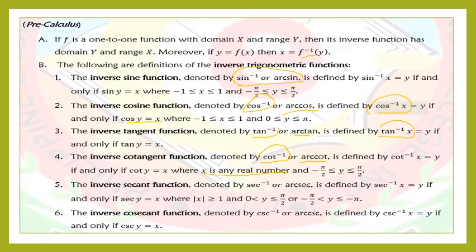Ang pang-fifth na inverse trigonometric function is the secant function. The inverse secant function, it is denoted by secant inverse or arc secant, is defined by secant inverse of x equals y if and only if secant y equals x, where the absolute value of x is greater than or equal to 1 and y is from 0 to pi over 2, or yung y natin is from negative pi over 2 up to negative pi.